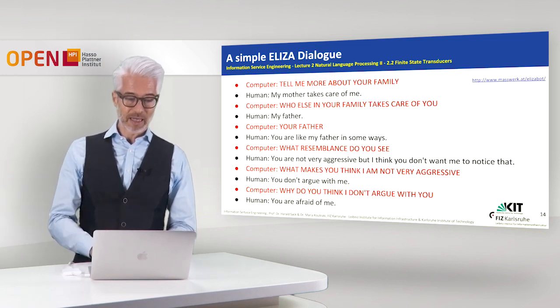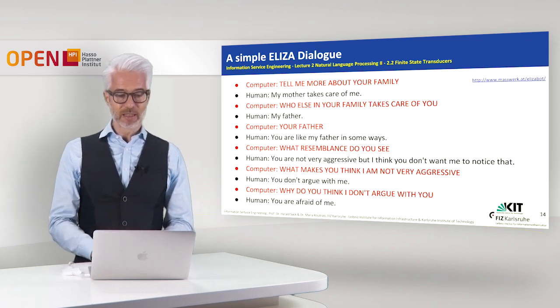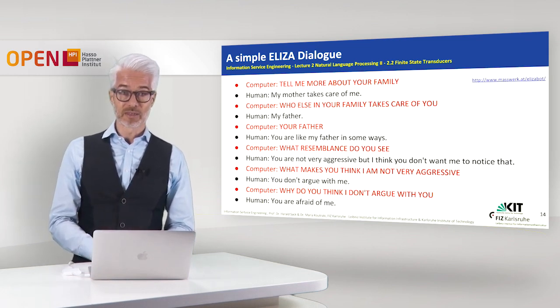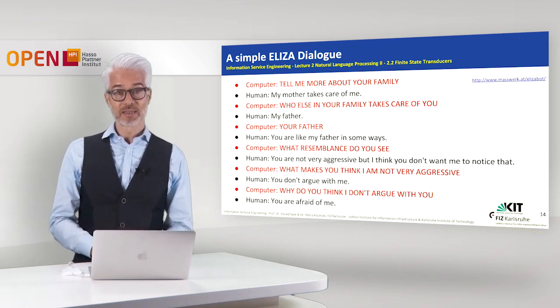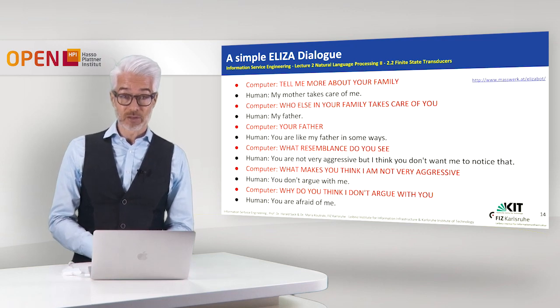So if you read that dialogue here, the computer says, "Tell me more about your family," and then the human says, "My mother takes care of me," and then the computer asks, "Who else in your family takes care of you?" and so on and so on. So always referring to the last statement of the patient and acting like a psychiatrist.